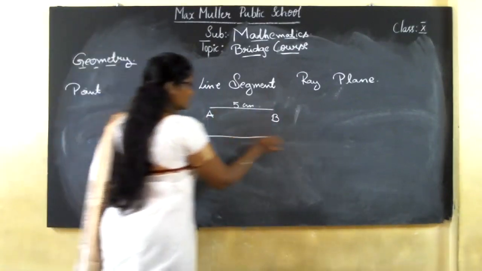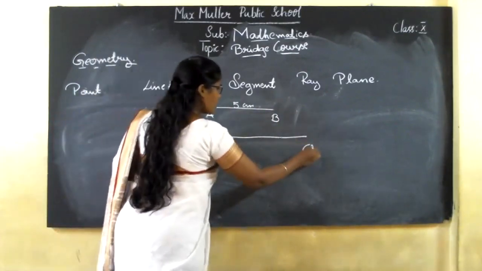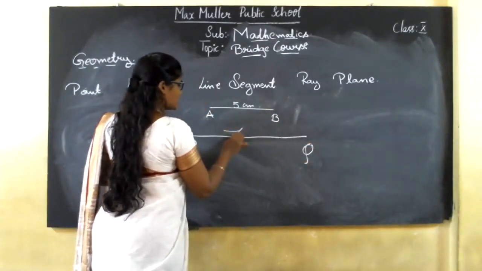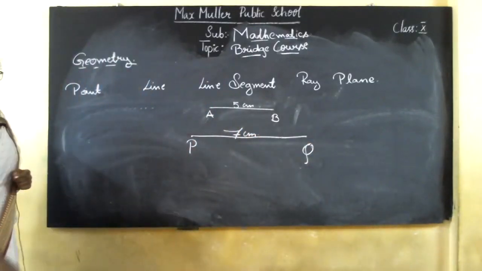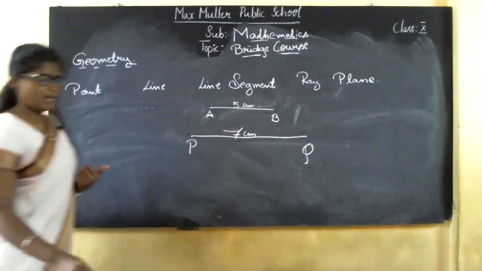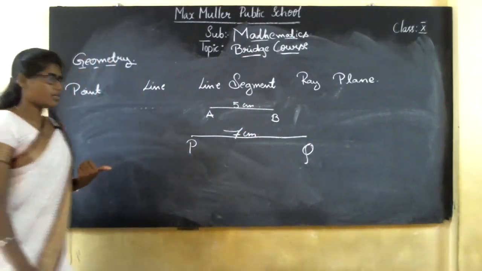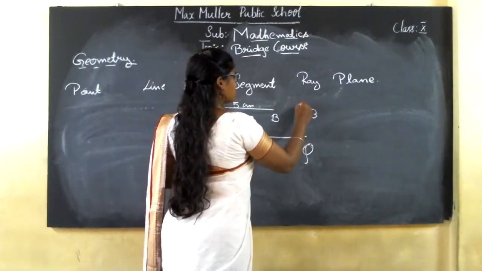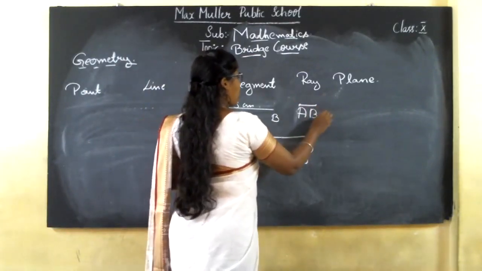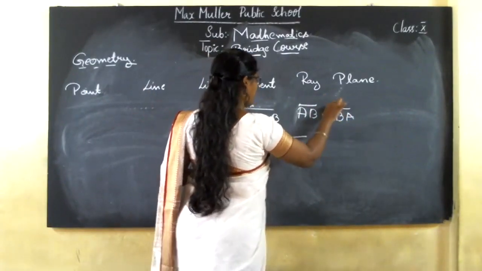For example, another one. If I take PQ as a line segment which has 7 centimeter. PQ is a line segment which has 7 centimeter. So how are you going to represent this? You are going to say that AB is a line segment, or BA is a line segment.